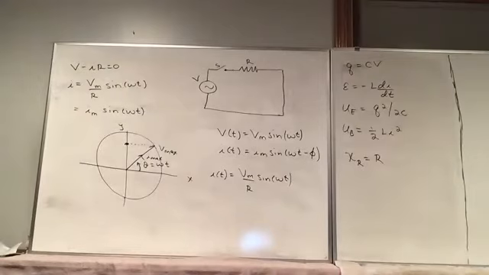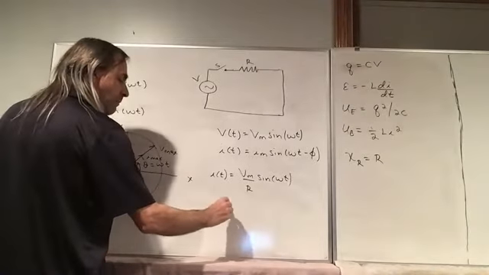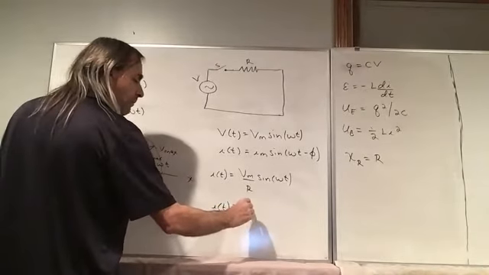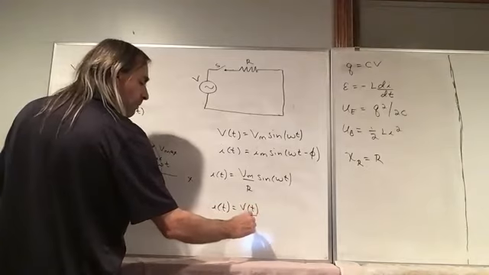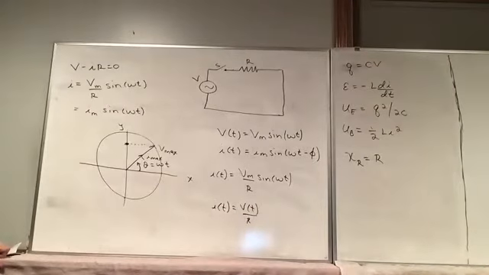There's no phi in this case. And so I(t) is V(t) over R. So basically we just have Ohm's law here.